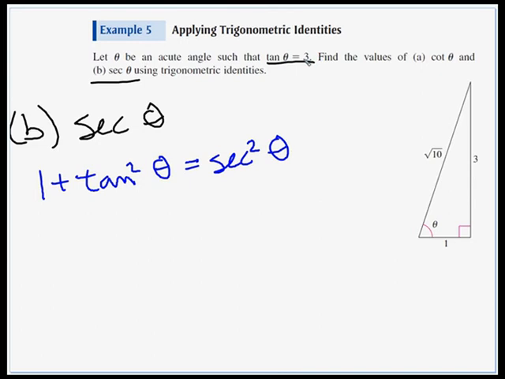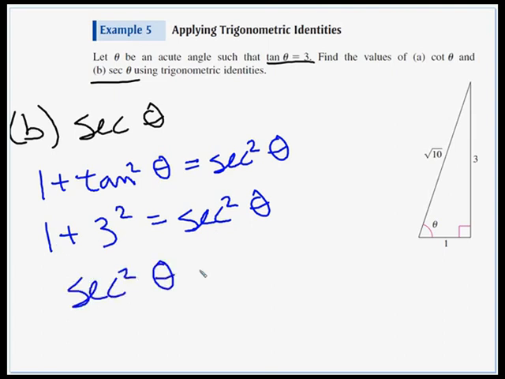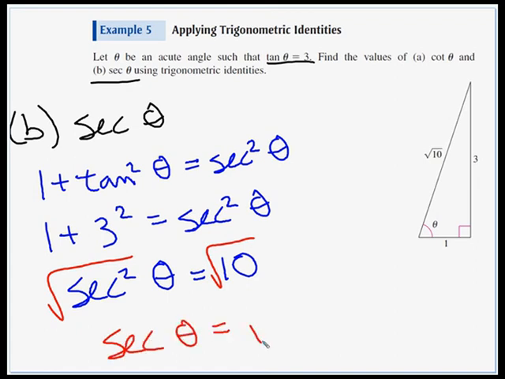Well, we know that tan is equal to 3, so this becomes a 3 quantity squared. 1 plus 3 squared equals secant squared. Well, 3 squared is 9, plus 1 is 10. The secant squared of theta is equal to 10. And we have secant squared, but we want just plain old secant, so we square root both sides. And we find the secant of angle theta is equal to the square root of 10.